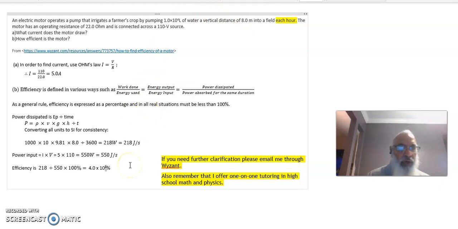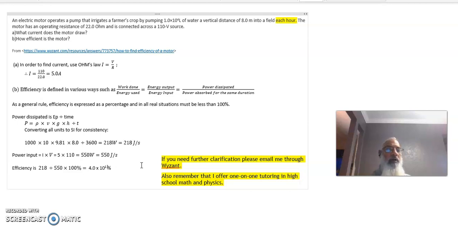So that is your efficiency, 40%. Because it's supposed to be two significant digits, it's 4.0, but then the value is not 4, it's 40, so you put a 10 to the power of 1 to express it as a percentage in two significant digits. Okay, so that basically is the answer to this question.